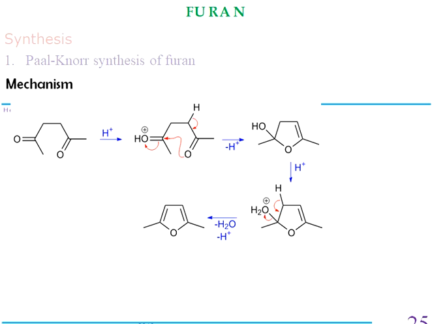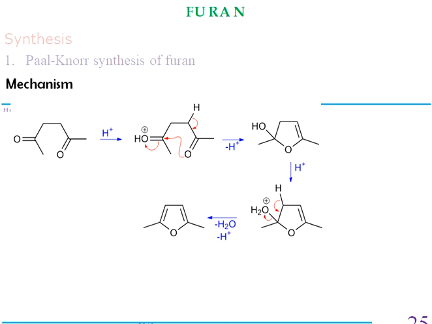So what we have gotten here is a 5-membered cyclic ring with a double bond and one OH which is substituted here. This 5-membered structure which we have obtained is not stable.